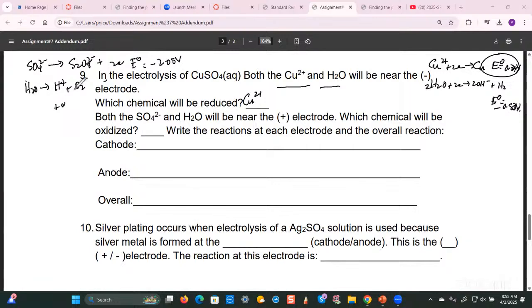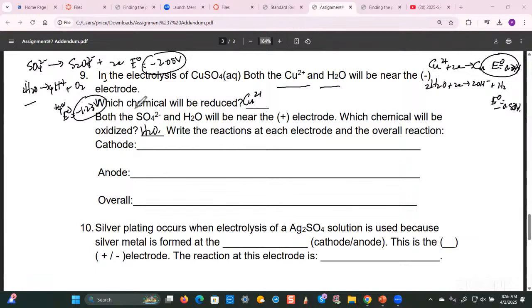And to balance this, we need a 2 here, a 4 here, and a 4 here. And the EMF value for the oxidation is minus 1.23 volts. All right, so we compare minus 0.205 to minus 1.23. So therefore, it is the water that will undergo oxidation, and that goes here. All right.